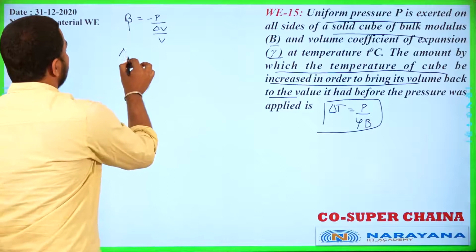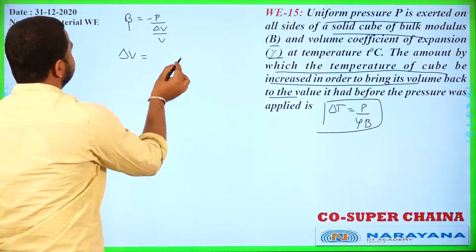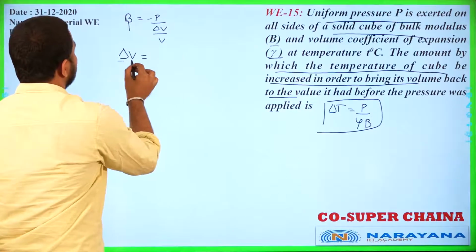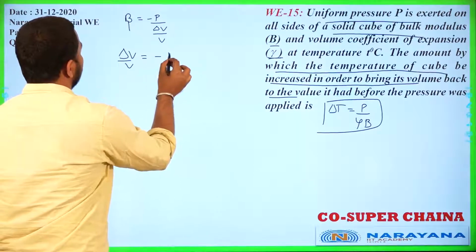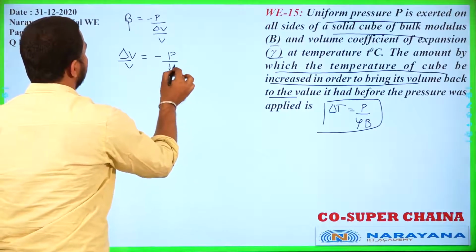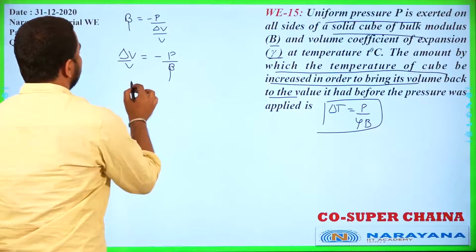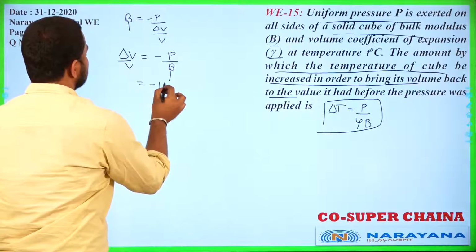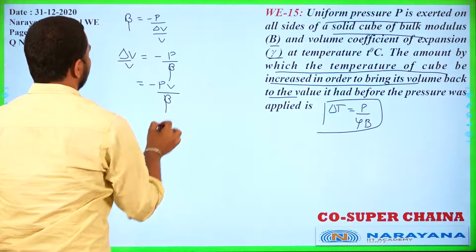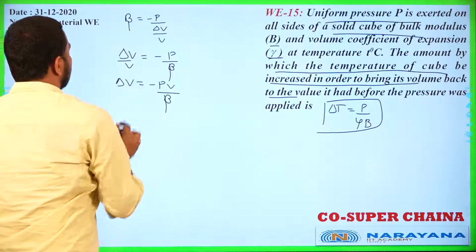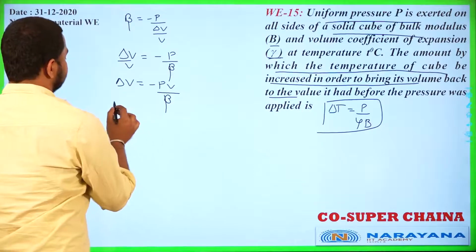So delta V by V is equal to minus P by the bulk modulus, and delta V will be minus PV by B.